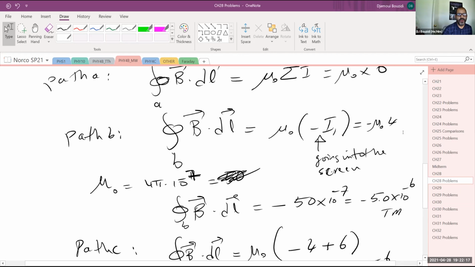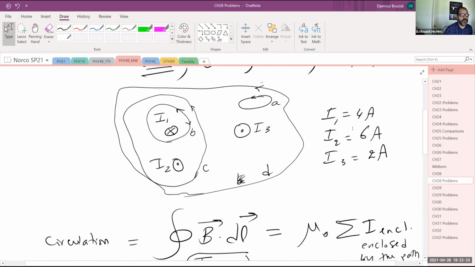The biggest deal in here is the signs. You have to pay attention to your signs. That is the biggest problem when it comes to this issue. You have to know which signs they are, okay? The circulation is by convention always taken counterclockwise, okay? So this is correct here.